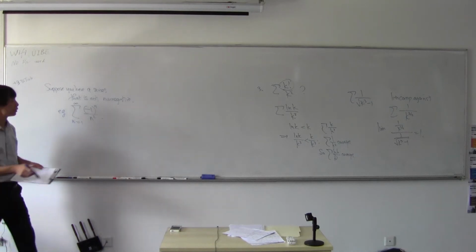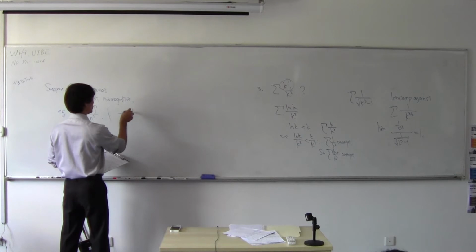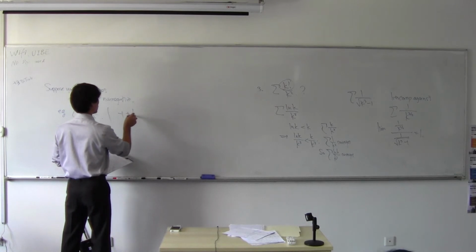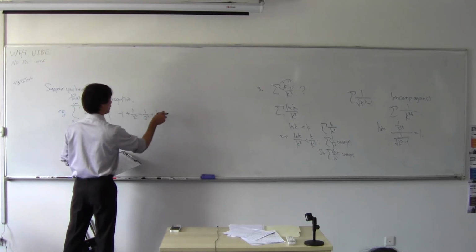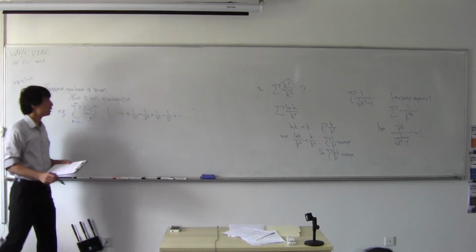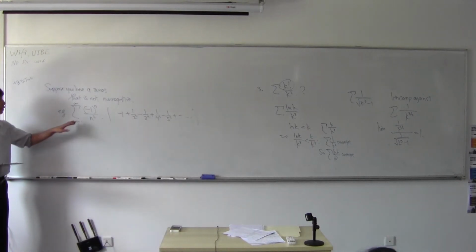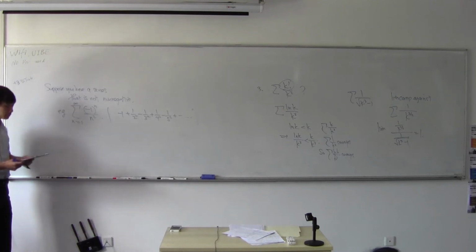So you have minus 1 plus 1/2 squared minus 1/3 squared plus 1/4 squared minus 1/5 squared, plus minus, etc. All the tests we had before required non-negative numbers, but now we have some negative numbers. What do you do?